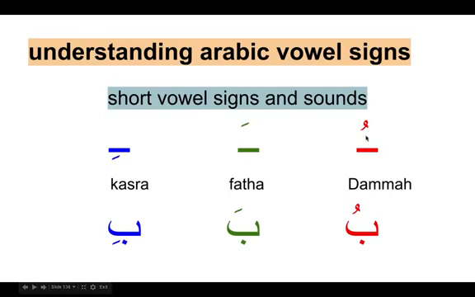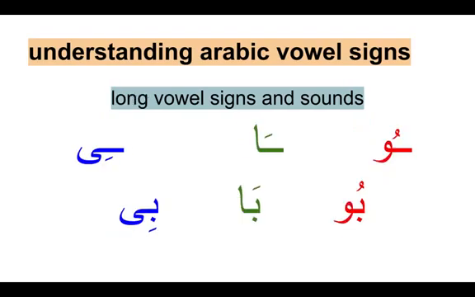So it is Dhamma, Fatha and Kasra. We have something called as a long vowel sign. Long vowel sign is made by attaching another letter to it to lengthen the sound of the vowel.